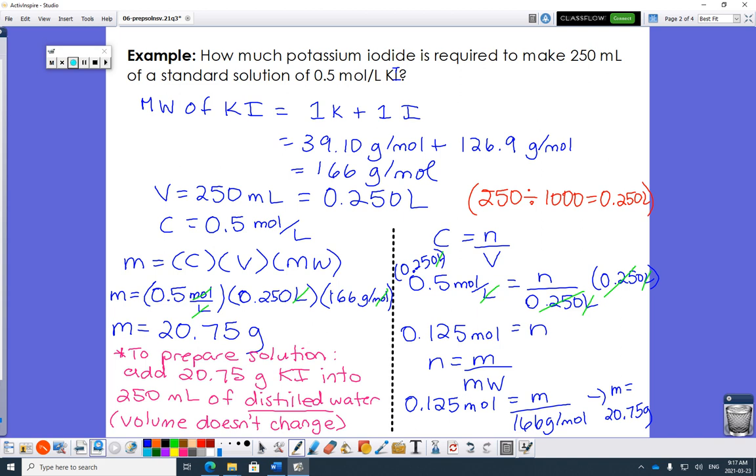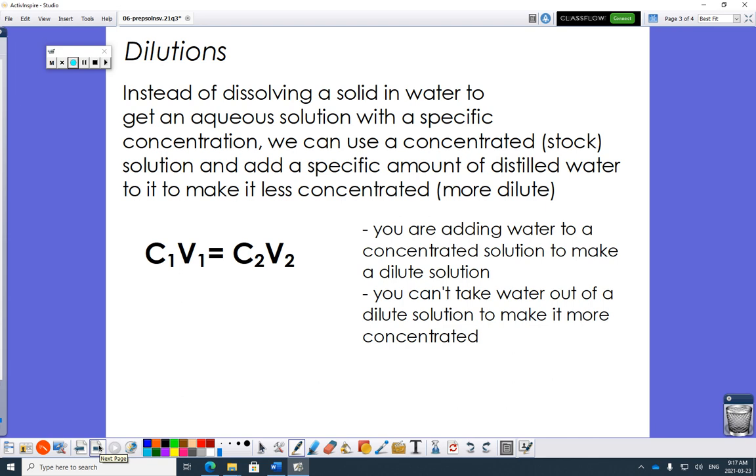Okay. So what happens when you already have a solution? This is a new formula, but also on the formula sheet. Sometimes you might see this as CI VI and CF VF, so I being initial and F being final. So 1 comes before 2.